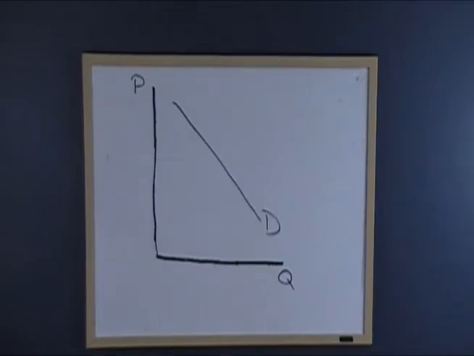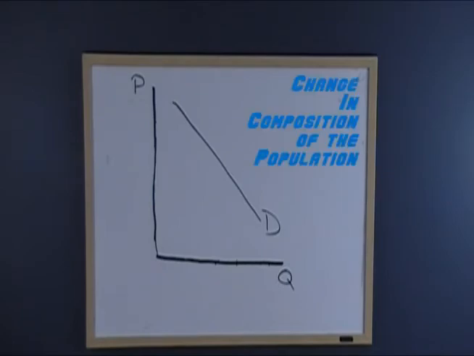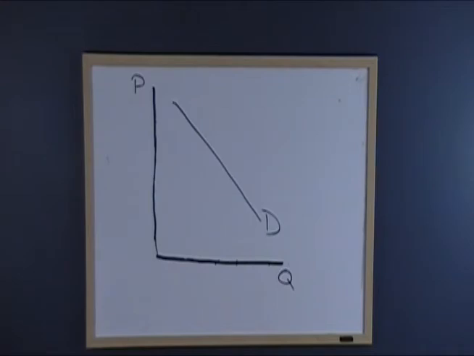Another factor that can shift demand curves would be a change in the composition of the population. This can be taken in countless different directions. We can compose the population in tons of different ways. For example, we could be taking a look at the percentage of youth versus the percentage of adults versus the percentage of elderly people.